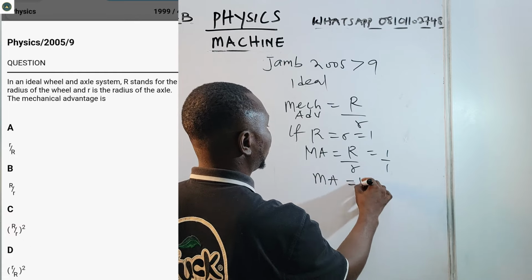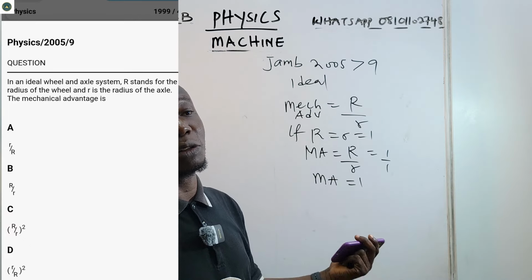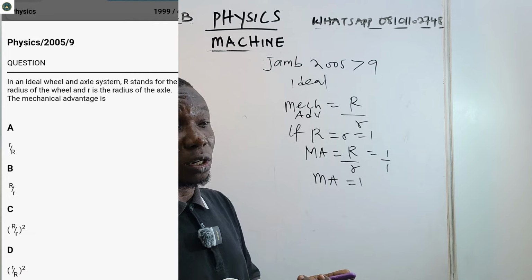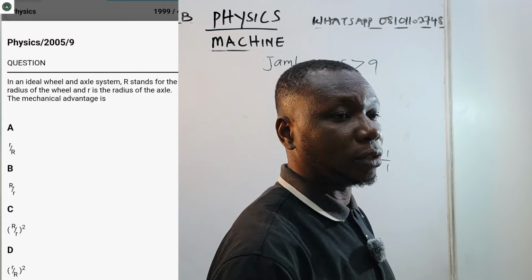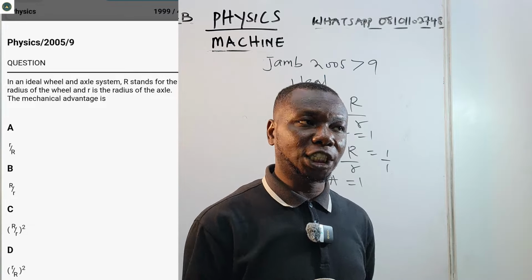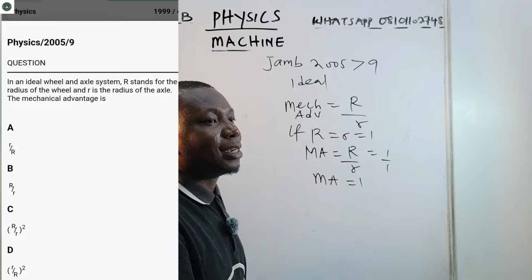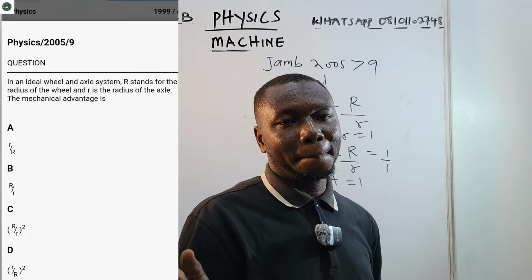Mechanical advantage is 1. Now, if mechanical advantage is 1, that means there's no losses. It's an ideal, it's not a practical machine.